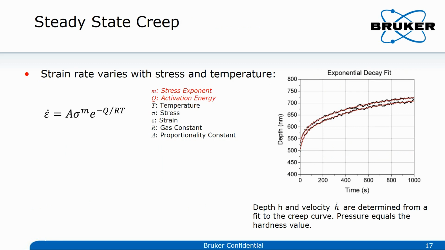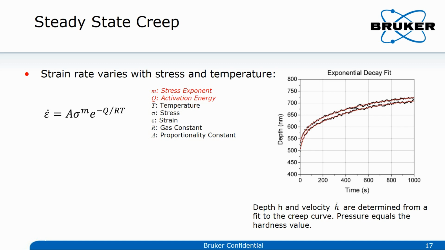In a steady-state creep experiment, the strain rate relates to the stress, to the stress exponent, and to the activation energy and temperature. On the right-hand side, a typical indentation steady-state creep experiment is observed.